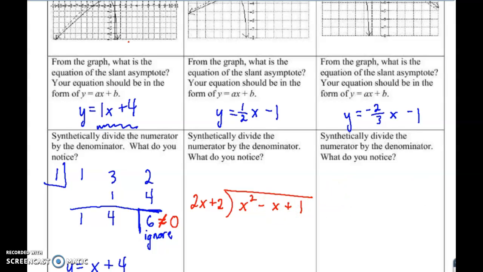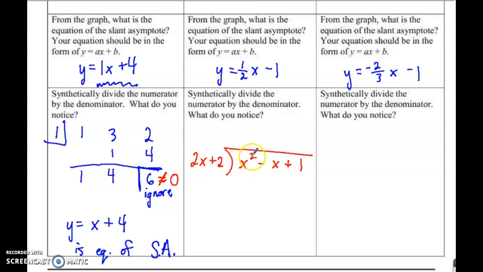And I hope you're okay with fractions, because what times 2x gives me x squared? Well, 2 times 1 half would give me 1, and then x times x gives me x squared. Now distribute that, you'll get x squared plus 1 half of that is 1. But then you have to subtract that off. So this will cancel. That'll be negative 2x.